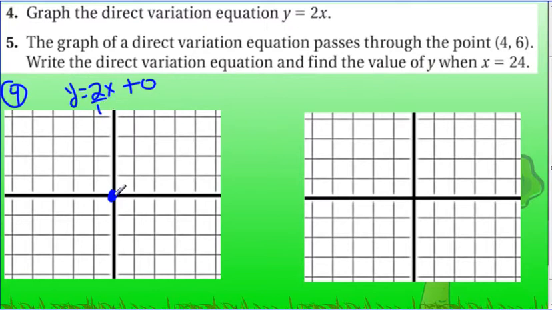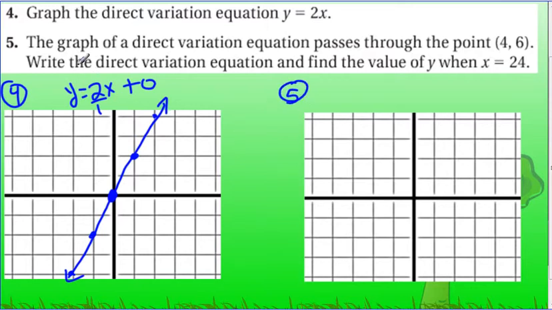From here we're going to go up 2 over 1. Up 2 over 1. I'm out of space, so I go the opposite way. Down 2 over 1 the other way. It makes a nice straight line. And we're done. That's number 4.